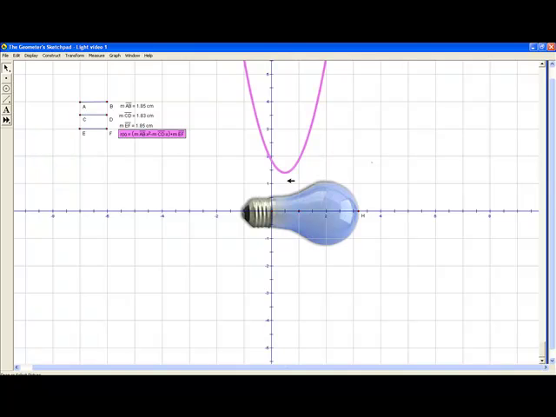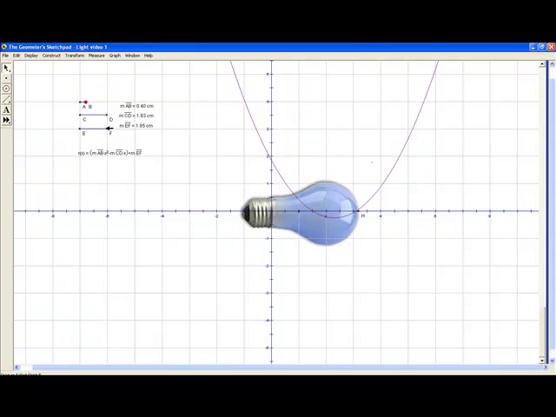There's a parabola that clearly does not fit this curve, but hopefully by moving my segments around, I will be able to find one that does. I know that I'm going to need it to be fairly wide, so I'm going to make the segment AB pretty small here. Clearly this is not sitting on there yet.